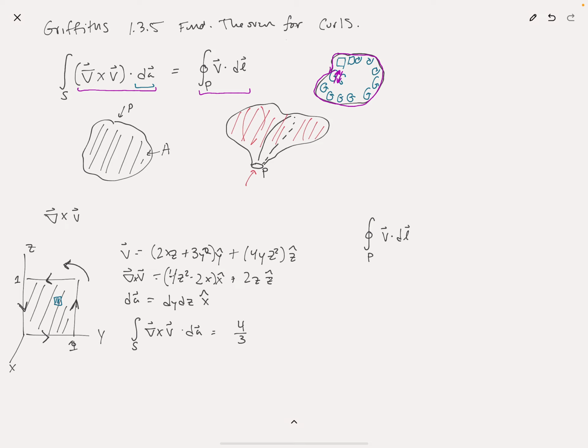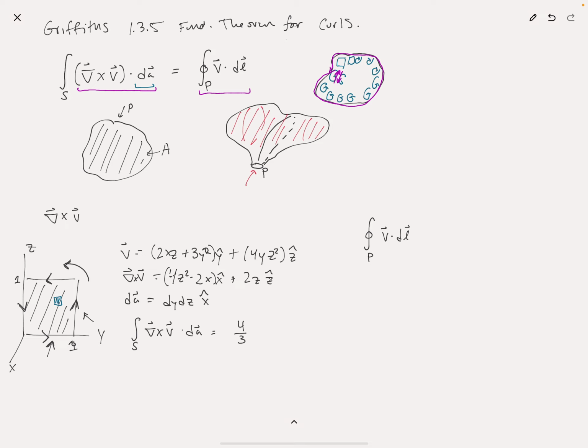Just like we did in the past, we need to make sure that we break this up into components, because over the bottom part of this path, dl looks very different than on the sides or the top. So what we'll need to do is choose different regions of our path that have a constant functional form for my infinitesimal length dl.